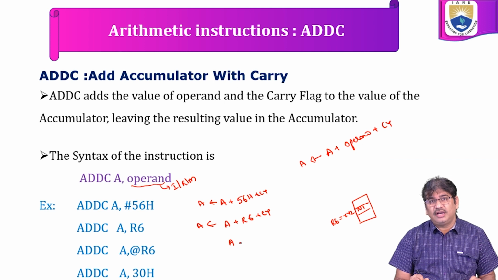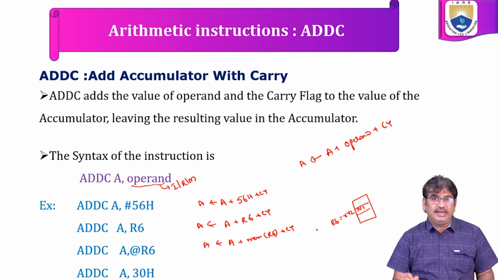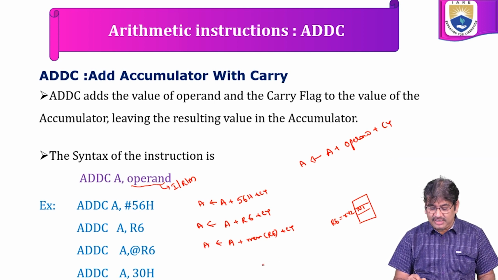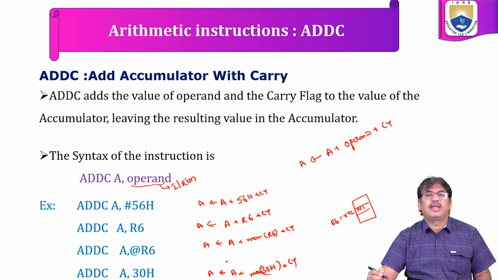So the accumulator contents will be added with the memory contents whose address is in R6 along with the carry flag, and the result will be stored in the accumulator. ADDC A, 30H. Here 30H is the memory. This memory content at 30H will be added with the accumulator along with the carry flag, and the result will be placed in the accumulator.